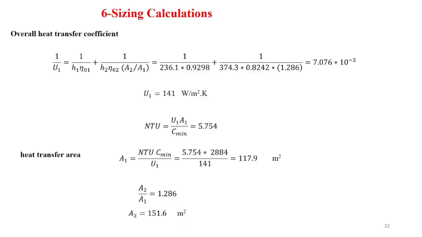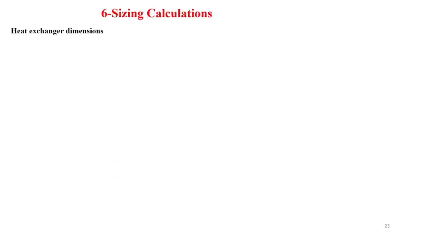After that, since we know the frontal area for side 1 and side 2, we can use the expression of alpha that we calculated, which is the heat transfer area divided by the volume. Since the heat transfer areas for side 1 and side 2 have been calculated, and alpha 1 and alpha 2 have been calculated, you can get the volume.